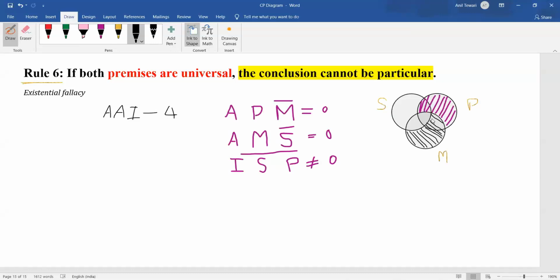This particular rule is triggered by the Boolean consideration of existence, right?